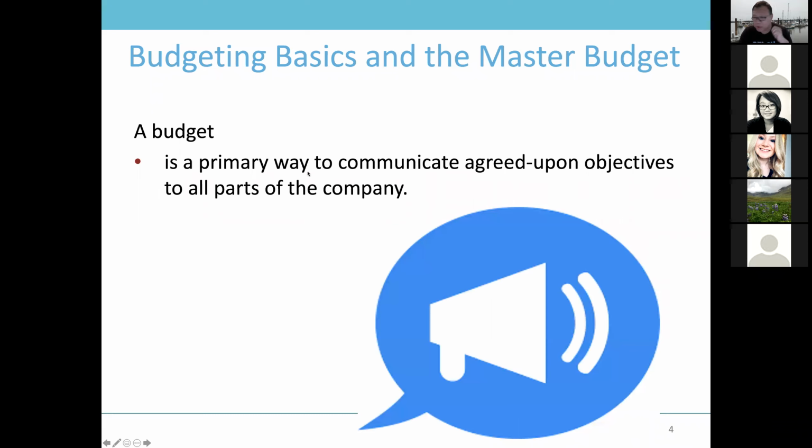The budget is the primary way to communicate agreed upon objectives to all parts of the company. So if you have an expenses budget, everyone agrees, let's say, we only have $1,000 we can use for software. Now we have already spent close to $990. We have no money to spend. So the idea would be that there's no budget, no room for further investment into software.